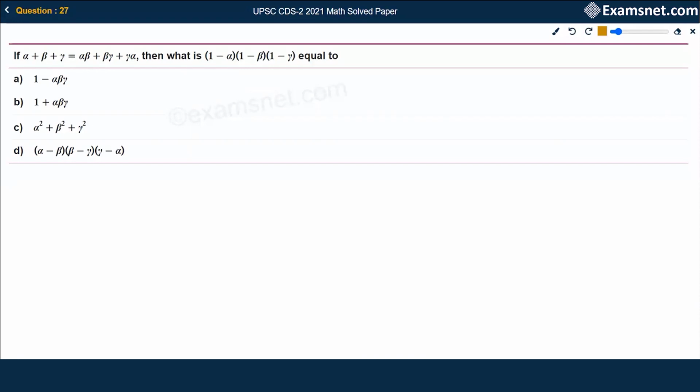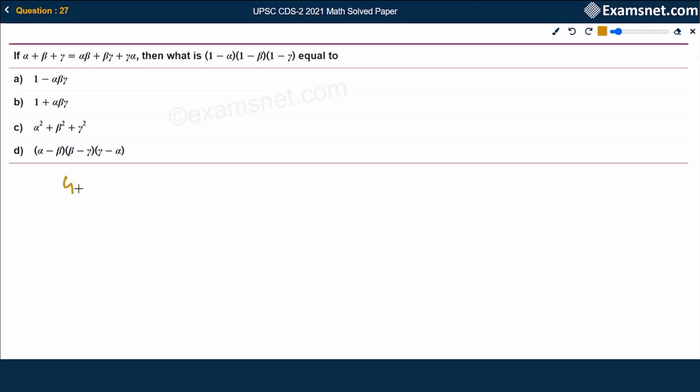In question number 27, it is given that the sum of alpha, beta, gamma is equal to the sum of alpha beta, beta gamma, and gamma alpha. Then what is the value of the product of 1 minus alpha, 1 minus beta, and 1 minus gamma?